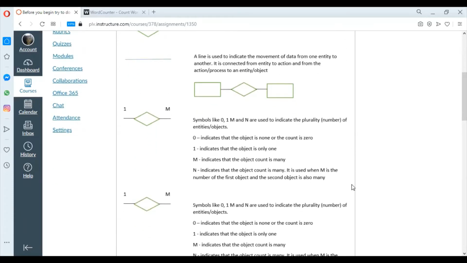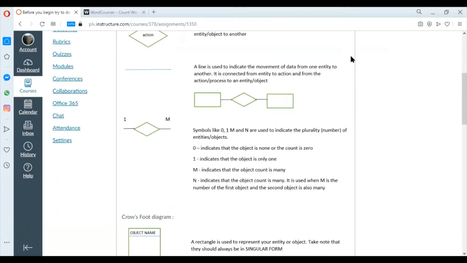And then for our Chen diagram, in order for us to denote the plurality or the number of entities or objects interacting, we use the symbols: zero if the object is none or the count is zero, one if the object is only one, M if it indicates that the object count is many, and we also use the symbol N for many when we have already used M in our line.